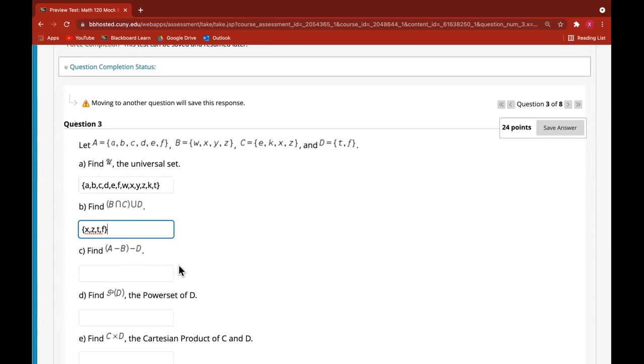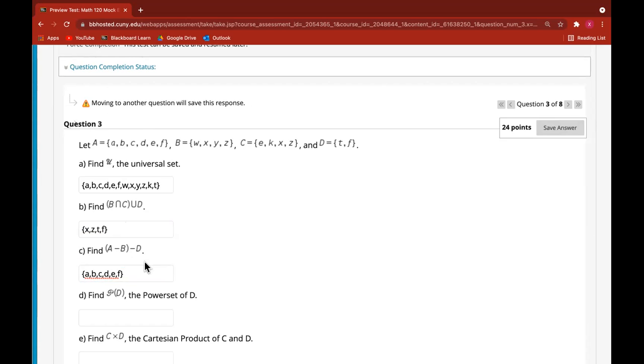And next, we have A minus B minus D. That means you take the elements in A, and then you get rid of all the elements that belong to B and also belong to D. So if you look at A, it has A, B, C, D, E, F. Now we need to subtract B. B has W, X, Y, Z, and A has none of those, so there's nothing you need to get rid of, right?